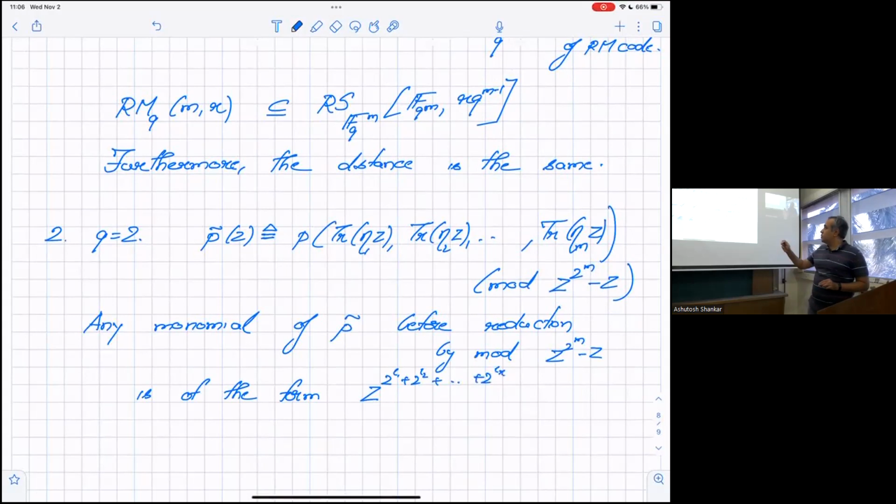You agree? Every monomial is a product of i_k for k less than or equal to r, and each of the i_j being some number between 0 and m minus 1.